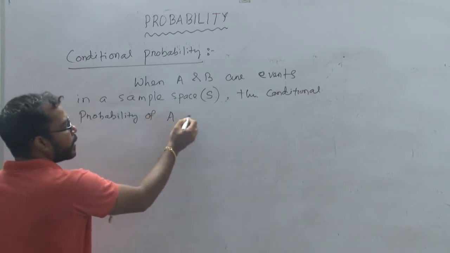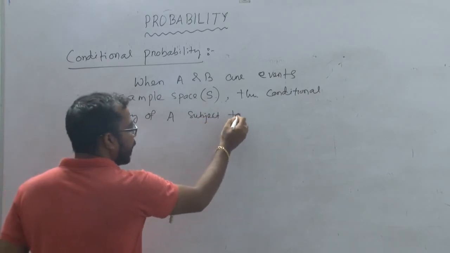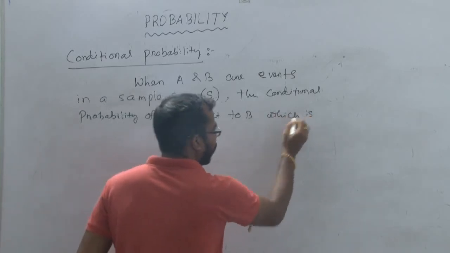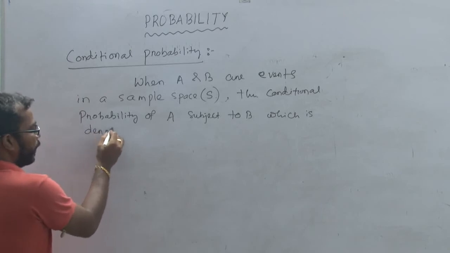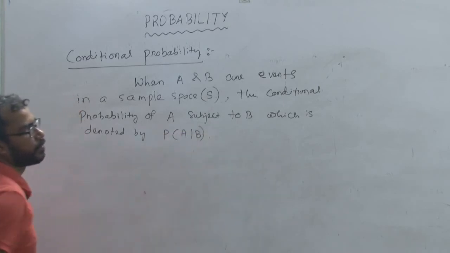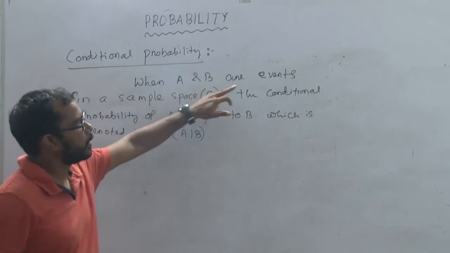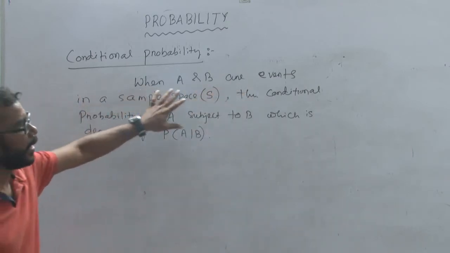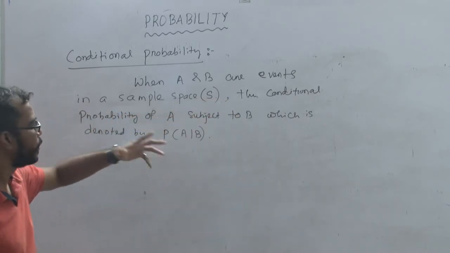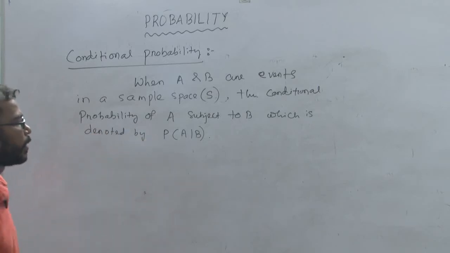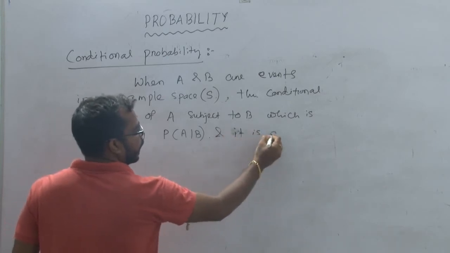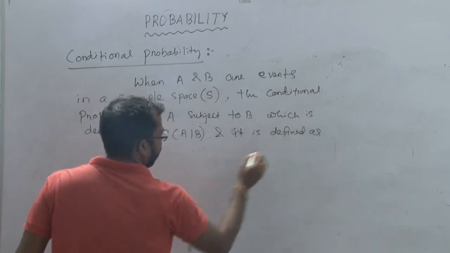When A and B are events in a sample space S, the conditional probability of A subject to B, which is denoted by P of A by B, is defined as follows.